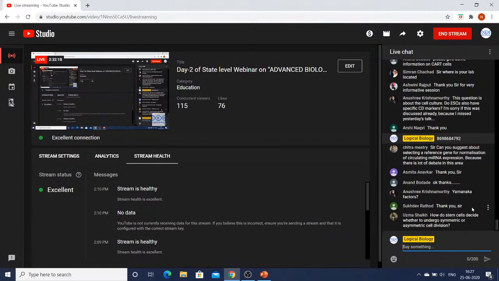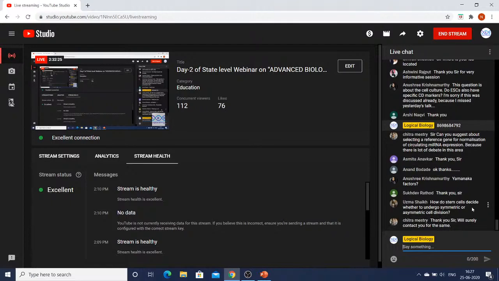They get the signal in terms of either hypoxia or any external injury where you are losing blood. When that is happening, obviously the HSCs get the signal. Now they have to do asymmetric cell division and create new blood cells. In normal conditions, those injury signals, hypoxic signals or repair signals are absent, so they go for symmetric cell division.